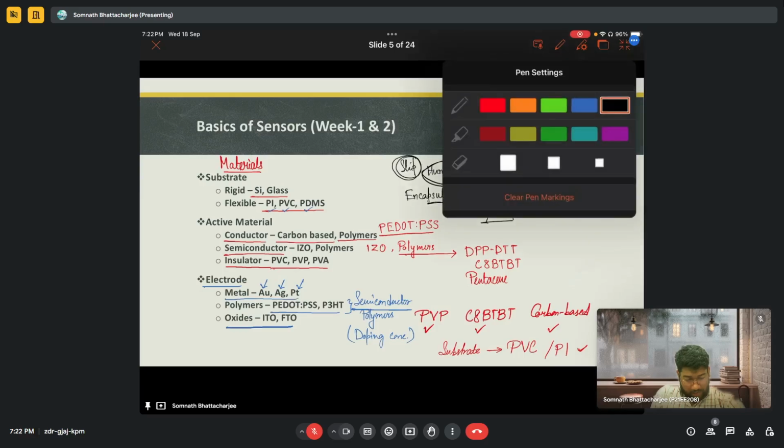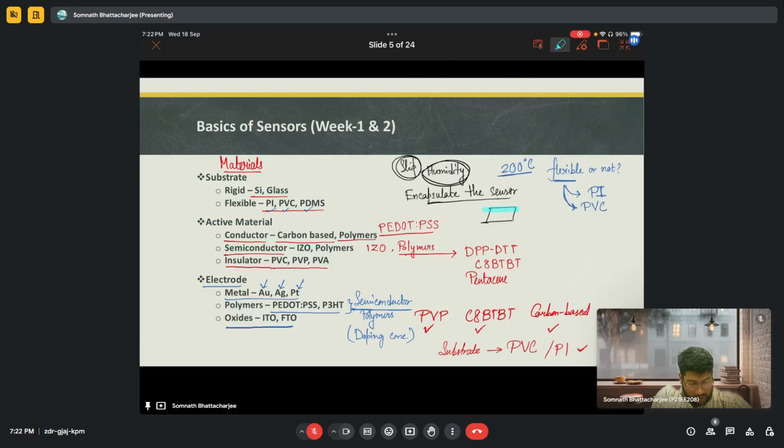You will cover it using a different kind of material which won't interact with your substances, and even with higher temperature, they won't react with the materials you have utilized to fabricate this sensor. So encapsulation works like this.